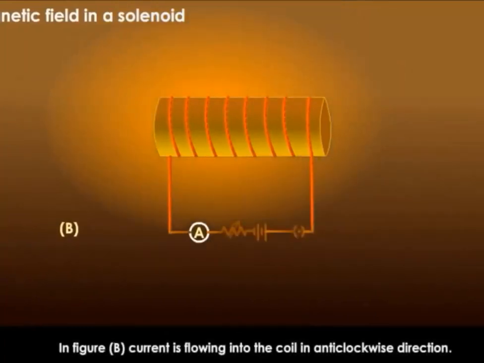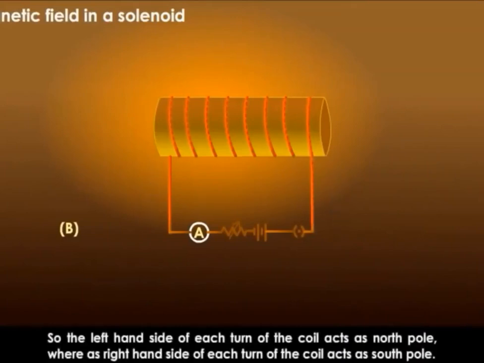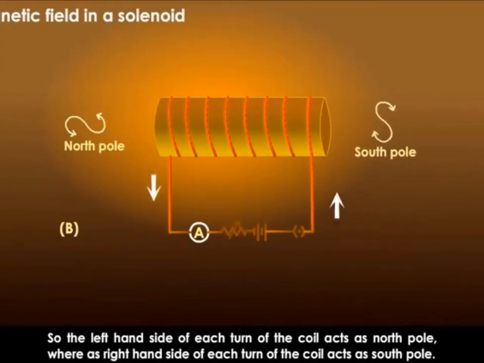In figure B, current is flowing in the anti-clockwise direction. So the left-hand side of each turn acts as a north pole, whereas the right-hand side acts as a south pole.